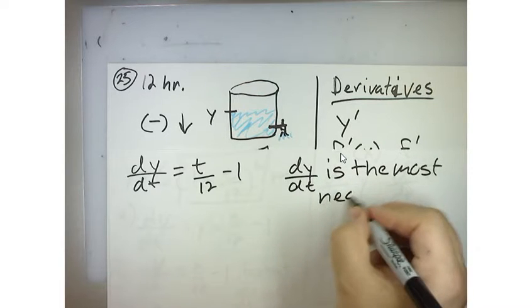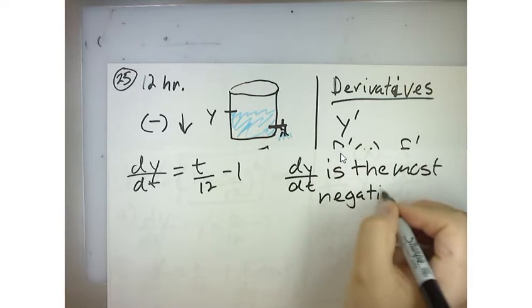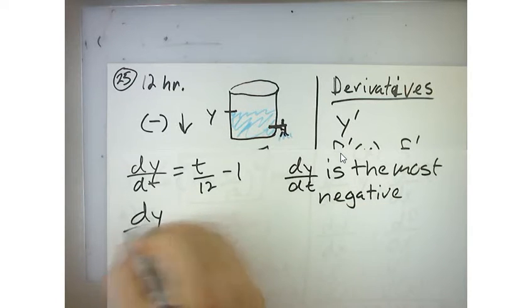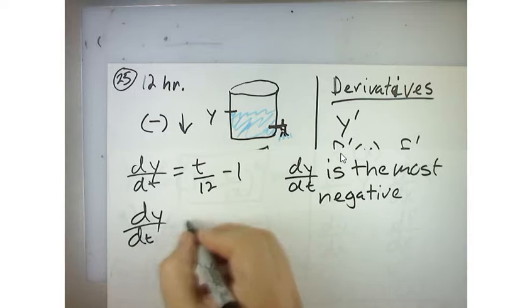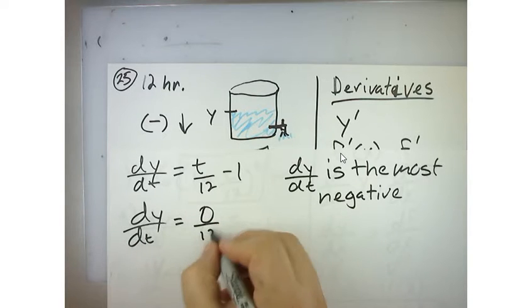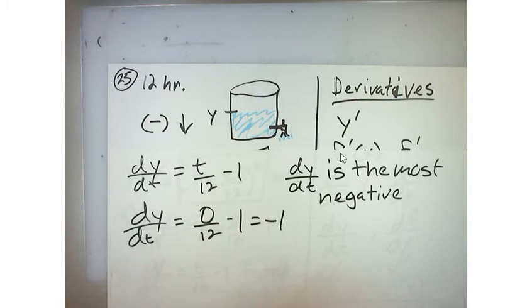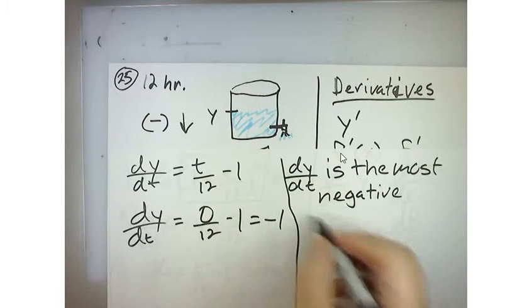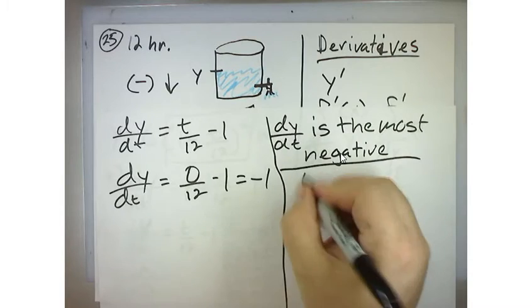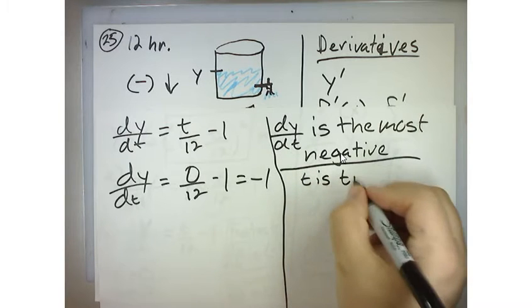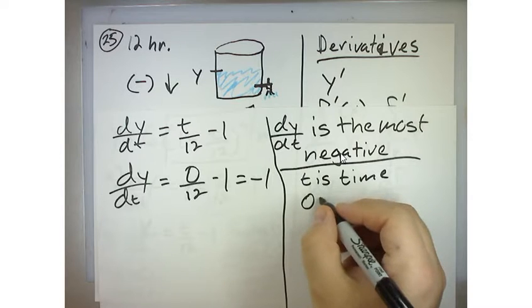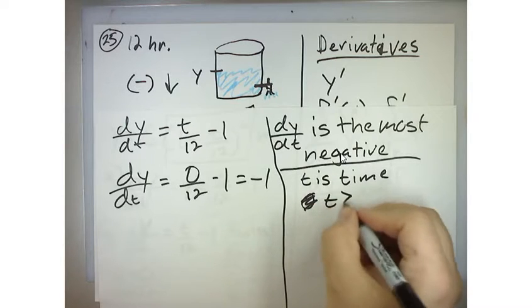And that occurs because when t equals 0, we get -1. That's the most negative it'll ever be, because t is time, so t has to be greater than or equal to 0.